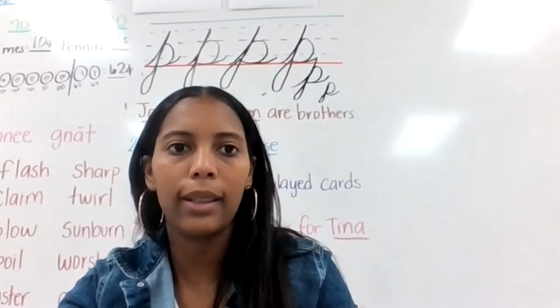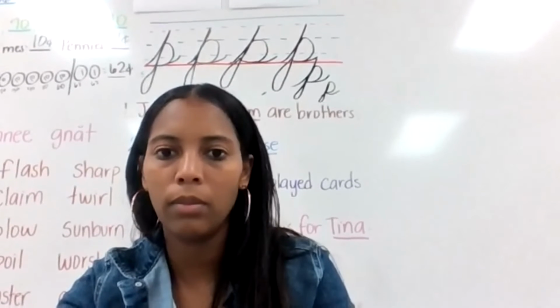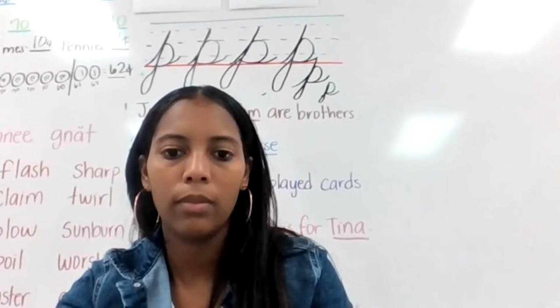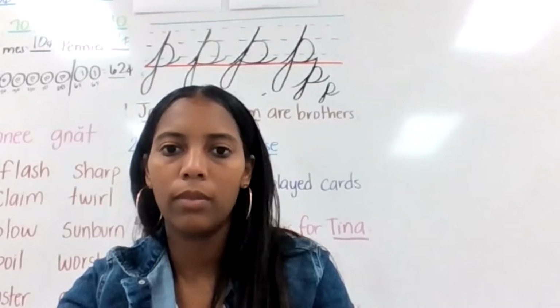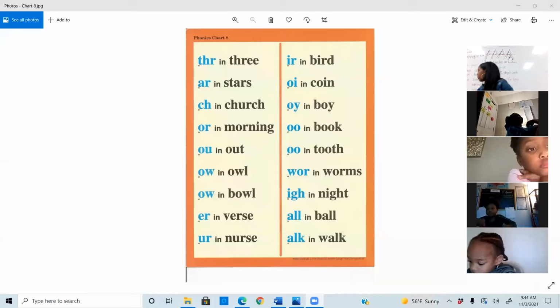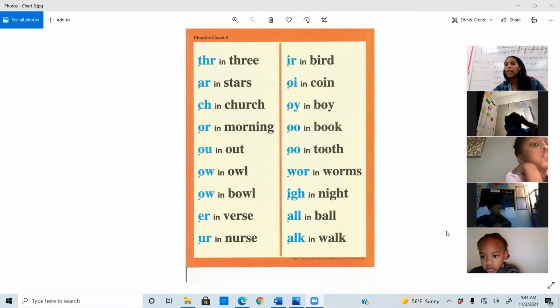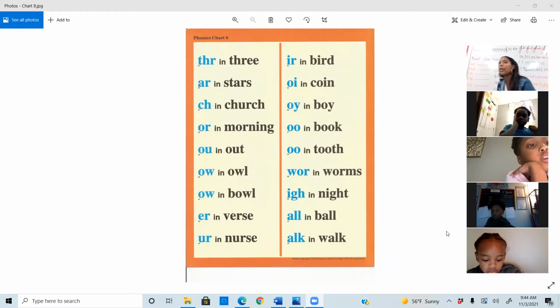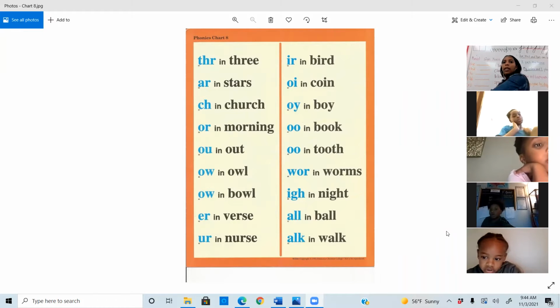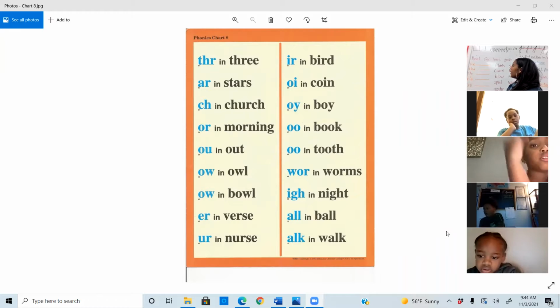Okay, let's do chart 8 and 9 today. Okay, chart 8. Let's do it together on 3. 1, 2, 3. THR says thr in three. AR says ar in stars.